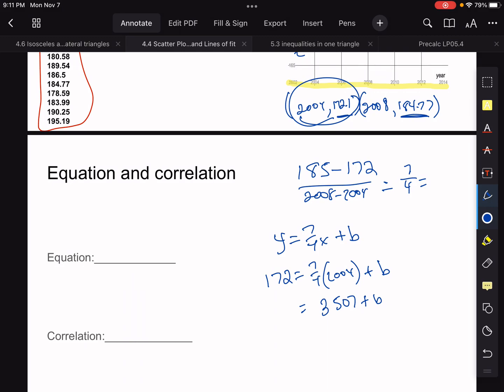Okay, so then if I subtract this from both sides, ooh, we're going to have a big number here, aren't we? 172 minus 3507 gives me negative 3335.